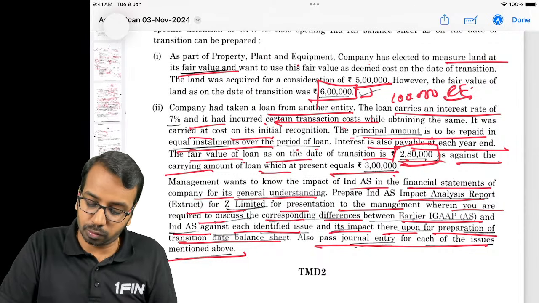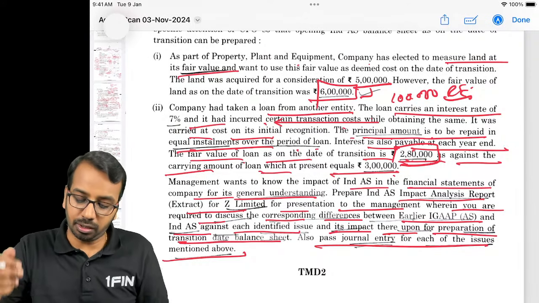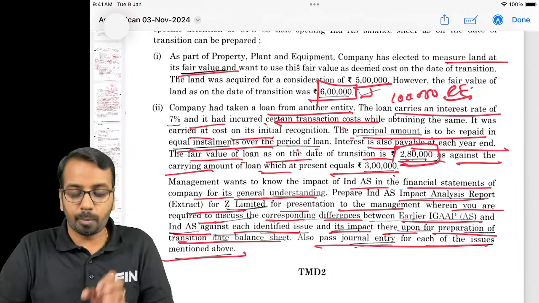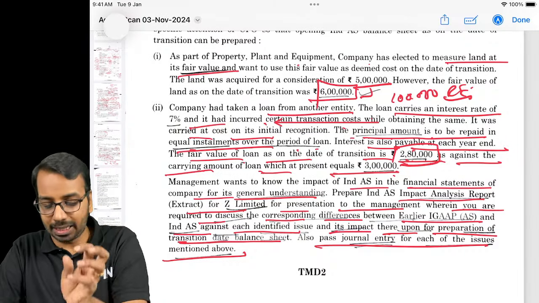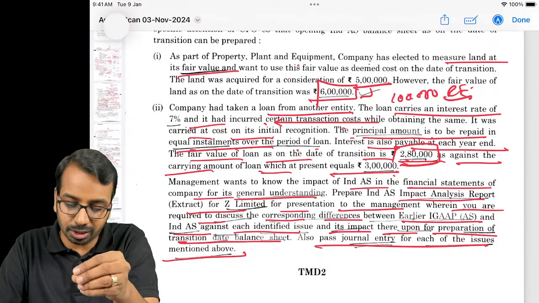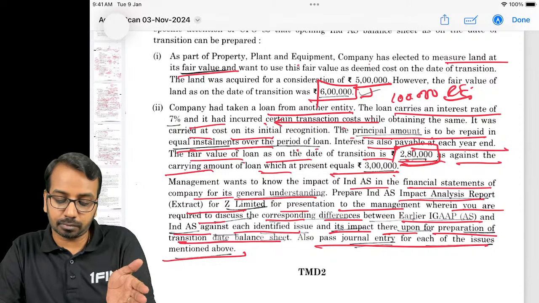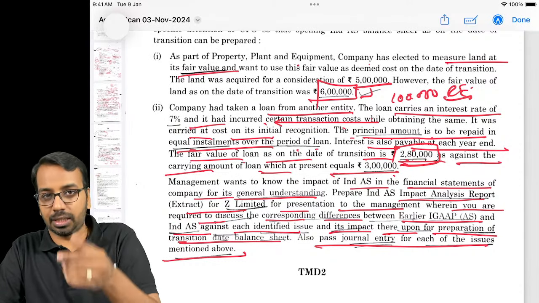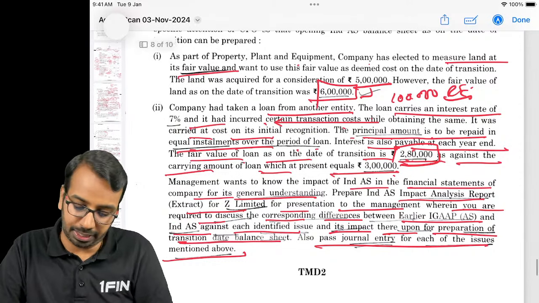So 3 lakhs to 2 lakhs 80,000, a 20,000 reduction, that is what can be done. So the loan will now be shown at 2 lakh 80,000, which is the fair value on the date of transition, and the difference of 20,000, that is the reduction in liability, will be credited to retained earnings.